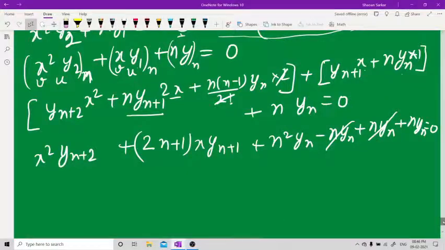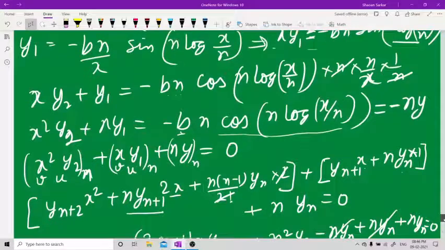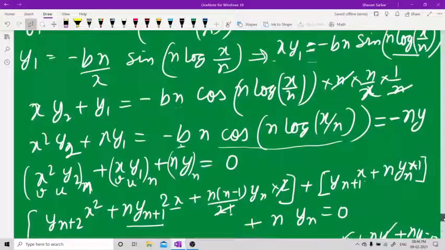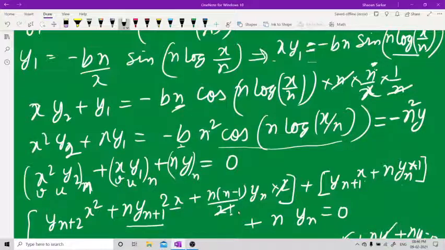I'll tell you where. This would be n square, because there is one n already, and this n is coming, this n is there, this n is already here. So this will become n square. It will be n square here.